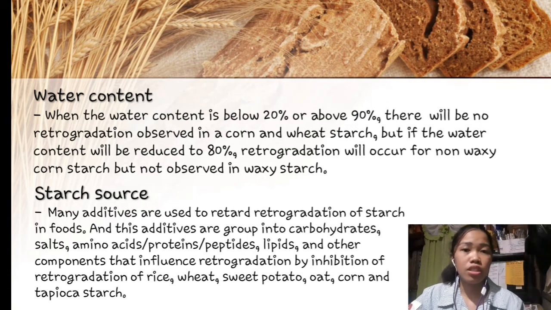Starch source: many additives are used to retard retrogradation of starch in foods, and these additives are carbohydrates, salts, amino acids, proteins, peptides, lipids, and other components that influence retrogradation by inhibiting the retrogradation of rice, wheat, sweet potato, oat, corn, and tapioca starch.